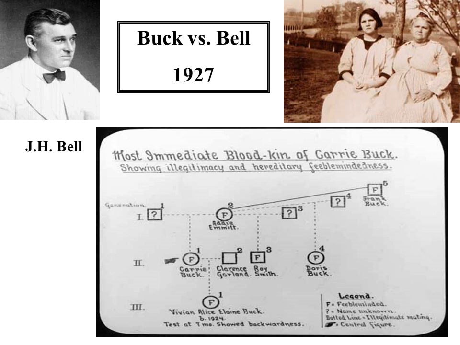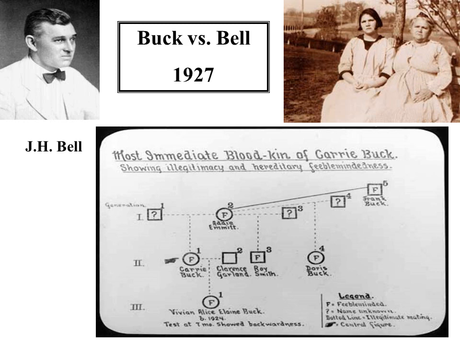Carrie Buck herself was given up for adoption, and in her foster home, she was beaten and raped by her foster father, and became pregnant with her daughter, Vivian Alice Elaine Buck. So she had an illegitimate child, but it wasn't even her fault. But these dotted lines here show illegitimate mating, which demonstrates, if you have illegitimate children in 1927, you're not married but you still get pregnant, that you are feeble-minded, that you're not making good decisions.